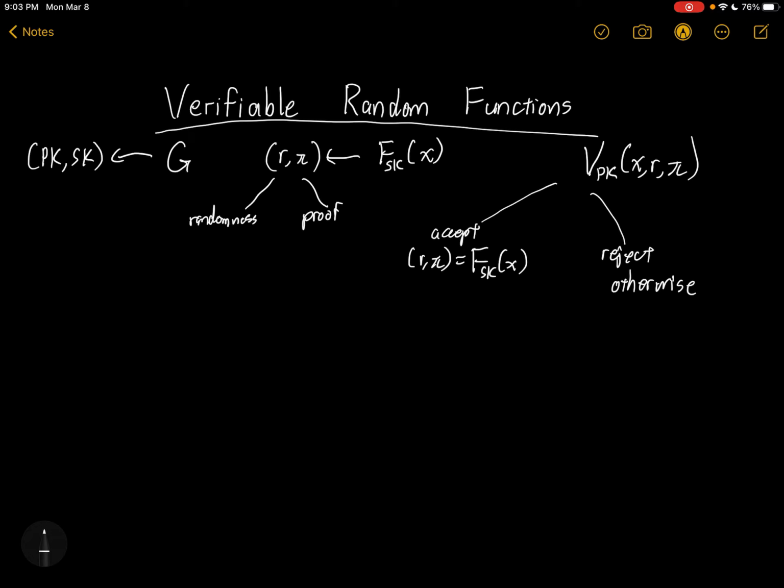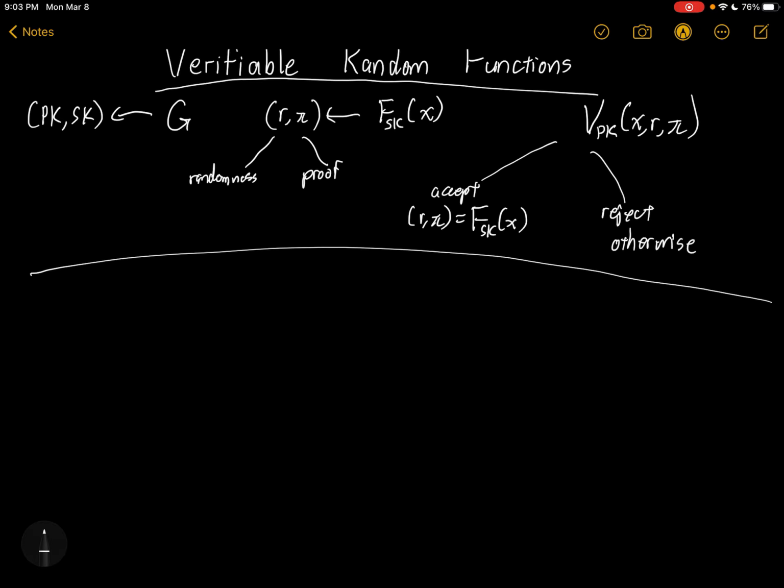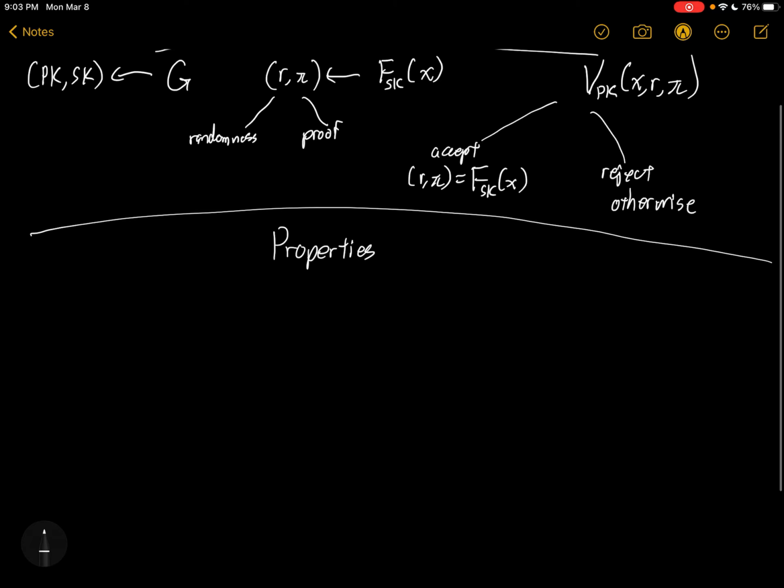Okay, next let's talk about the three properties that we care for verifiable random functions to have. The first one is called provability.